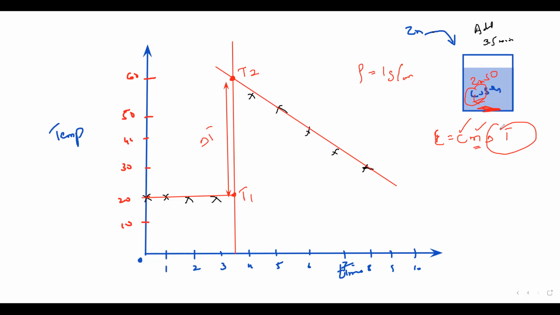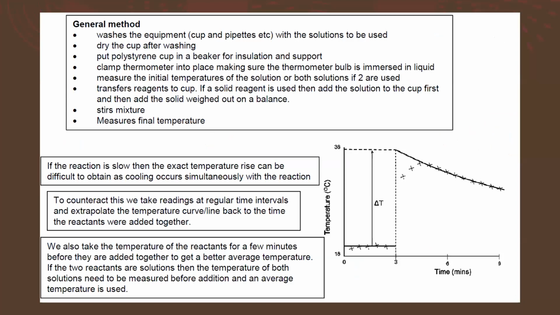So we'll get only values after 1 minute. And using the trend, at the moment when we add the substance, we draw a vertical line, and as the temperature is decreasing, when we intersect the two lines, we'll get the final temperature. So by taking the difference in temperature T2 minus T1, we'll know the change in temperature. So after knowing the change, we can work out the enthalpy change of the solution.